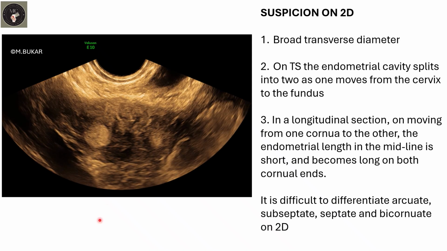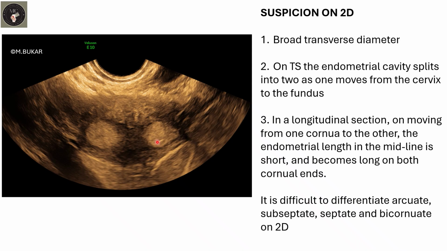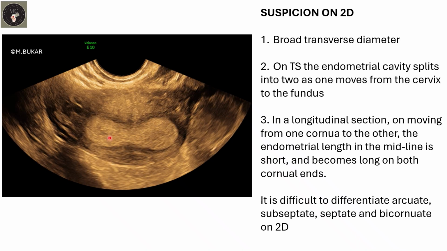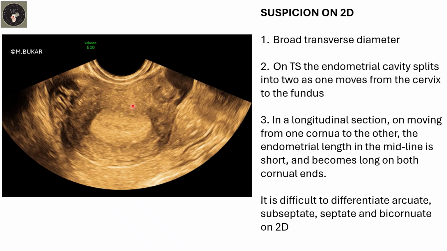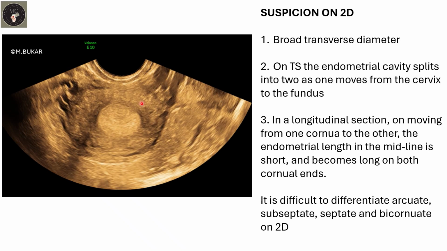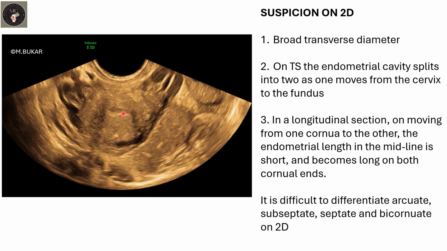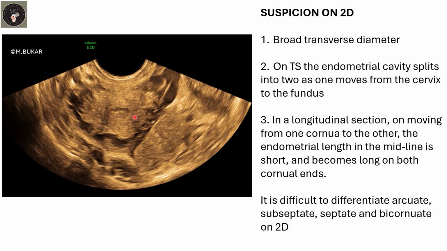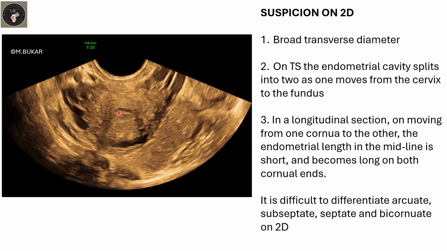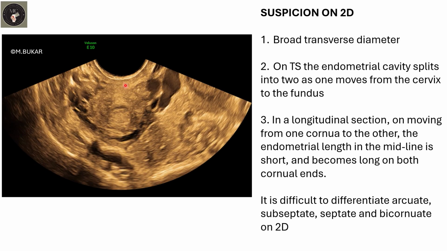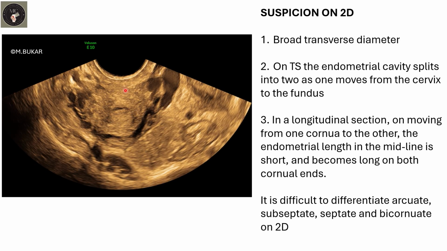Now let's play this video. Clearly you can already see the two endometrial cavities, but let's go down to the cervix and move from the cervix to the fundus and see the split of the endometrial stripes as we move from the cervix, here the cervix, towards the fundus.